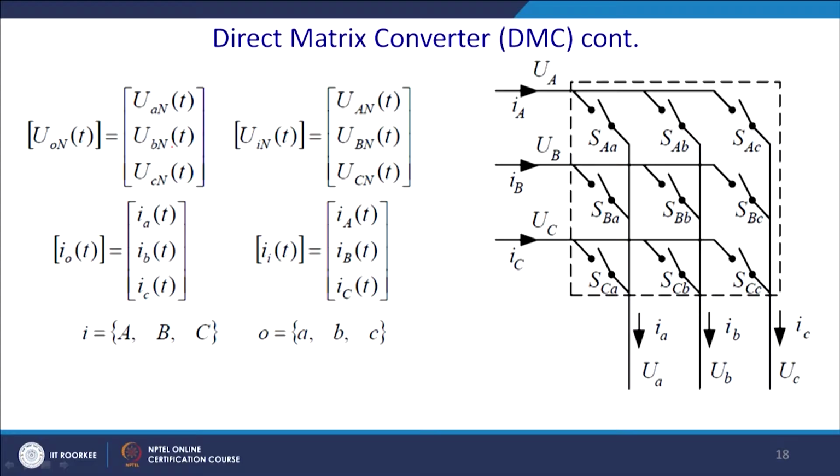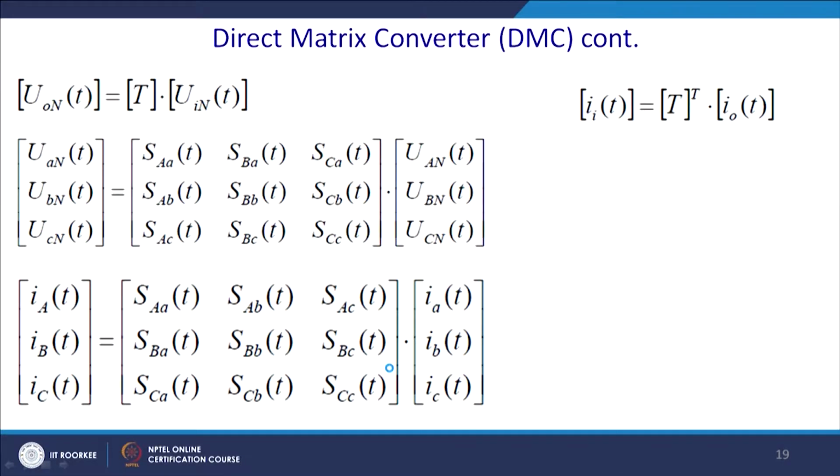You have UAN, UBN, UCN as the output voltage matrix, and you have the input voltage matrix. All the capitals belong to the input side and all the small letters belong to the output side. This is the convention we are following.